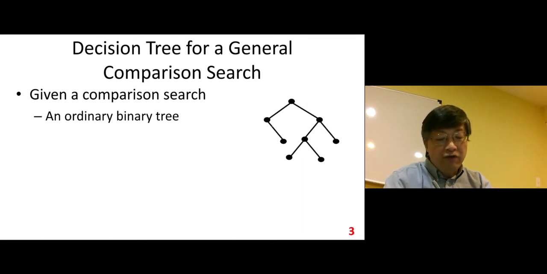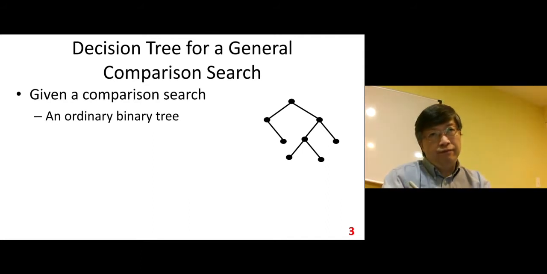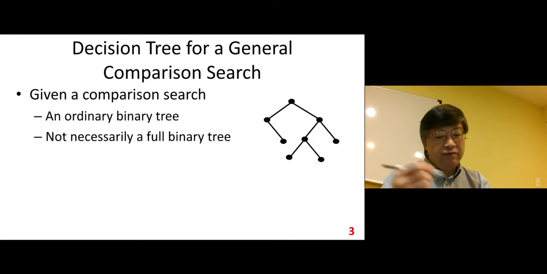So it is not a full binary tree, because this one is missing. This branch is missing. But even for ordinary binary trees, remember, some of the results for full binary trees we still have. Not necessarily a full binary tree. We know that.